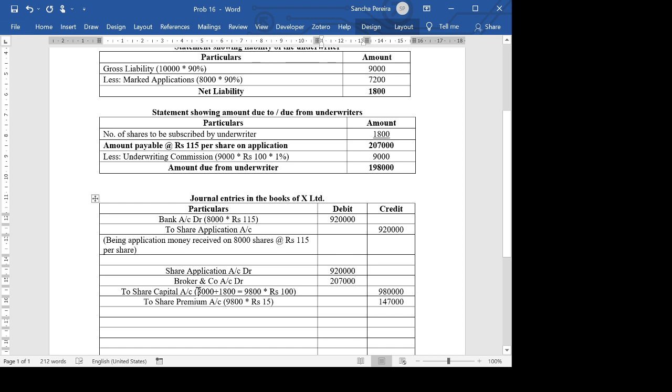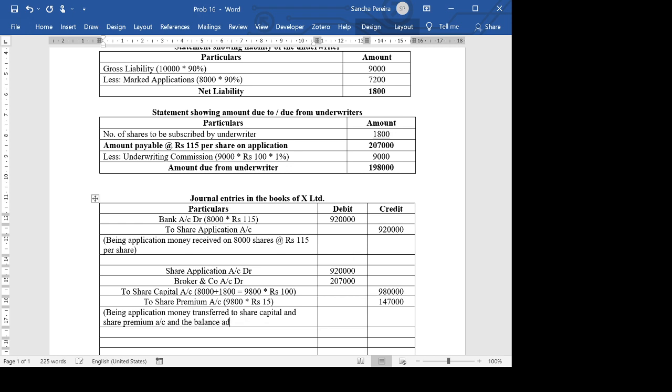I have only transferred what has come from the public and what the underwriters have taken up. What the company is doing with the remaining shares, we don't know. Okay, so it's going to be being application money transferred to share capital and share premium account, and the balance adjusted towards underwriting, just one underwriter.